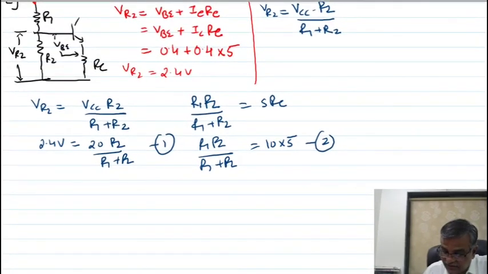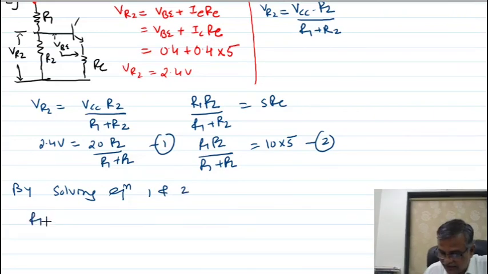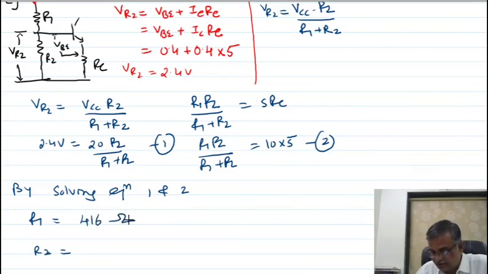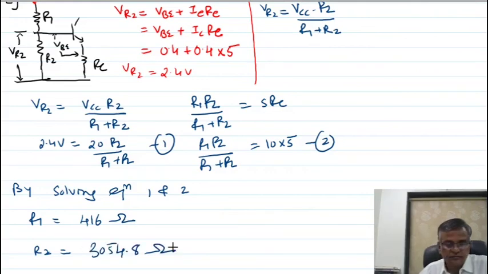By solving equations 1 and 2, we can find R1 and R2. You can write R1 is 416 ohm. In this way, you can solve this numerical. You already know this, we have done this only for revision.